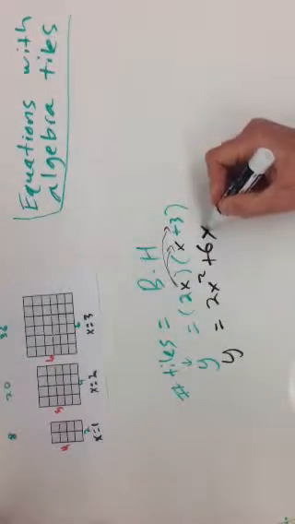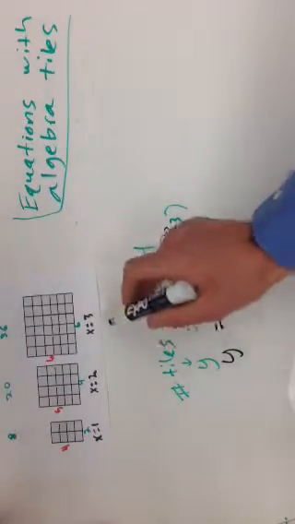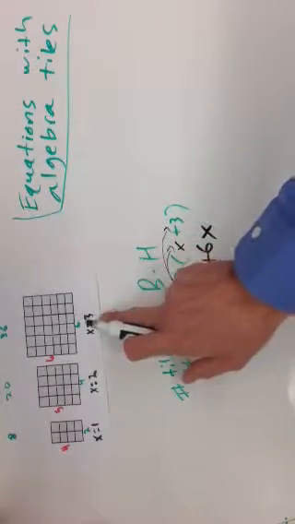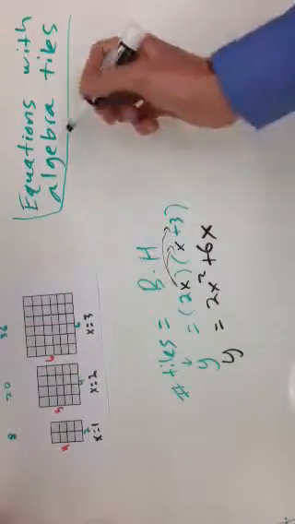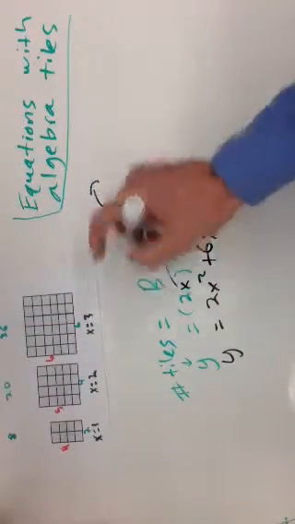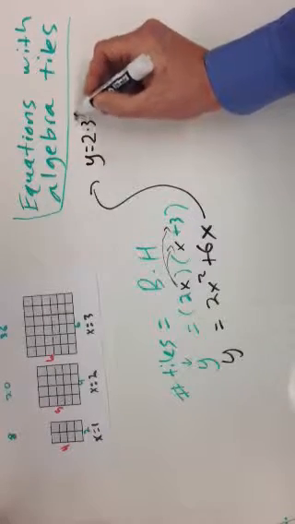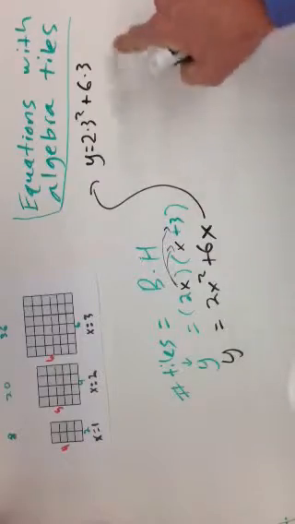Now it's always a good idea to check these out. This is my third arrangement, so if I plug a 3 into this, I better get 36 out. So let's see how I do. If I plug the 3 in, I get 2 times 3 squared plus 6 times 3.